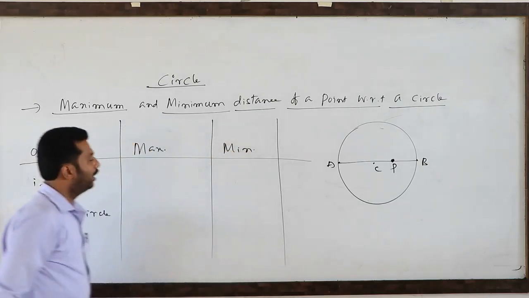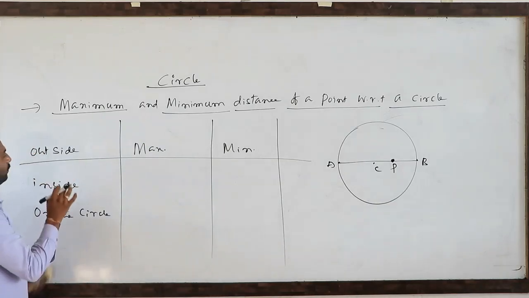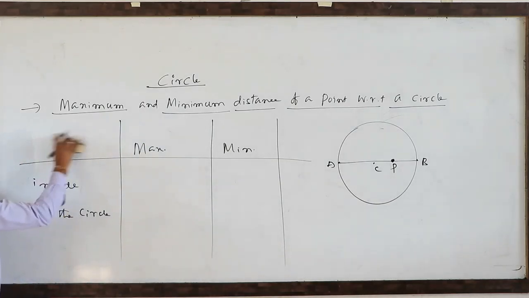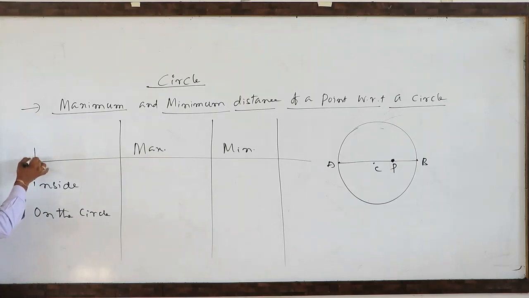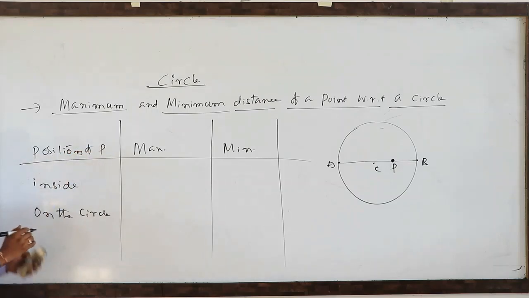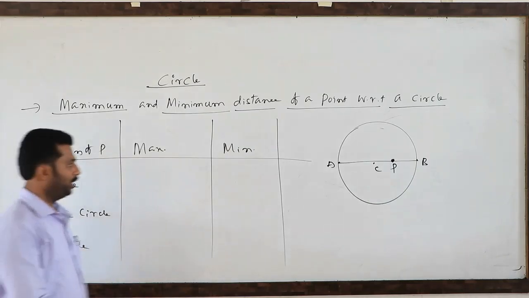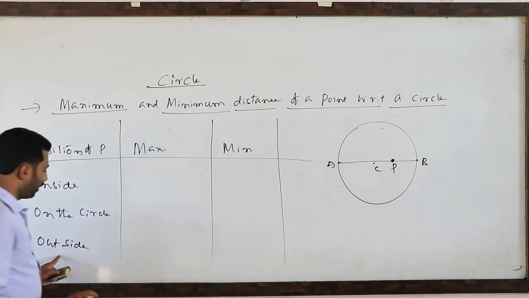You tell me the maximum distance for the outside position of the point. This is inside, on the circle, outside.